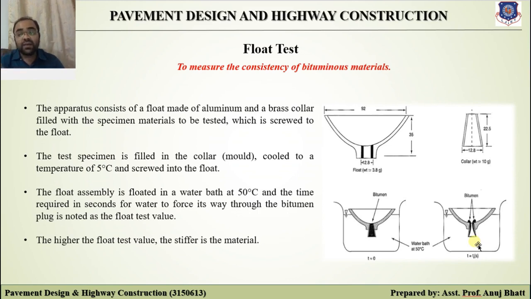That time has to be noted, and it gives you the value of the stiffness, the consistency of the material. So basically, the higher the float test value, the stiffer the material. This is what the test gives at the conclusion.